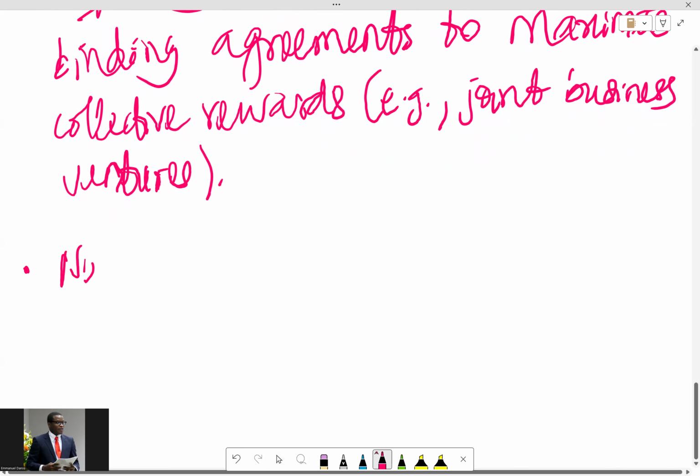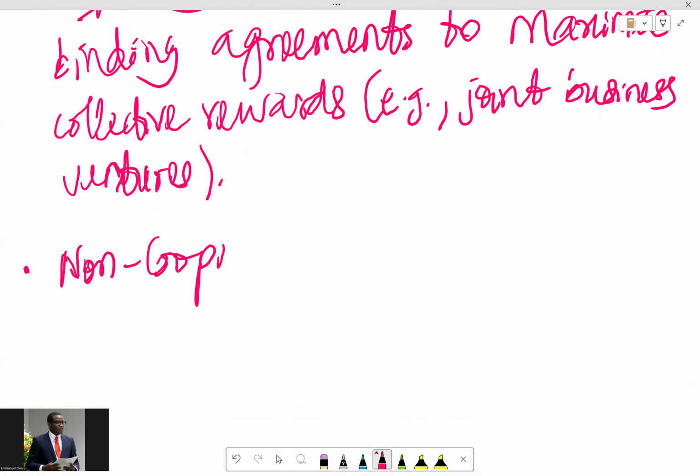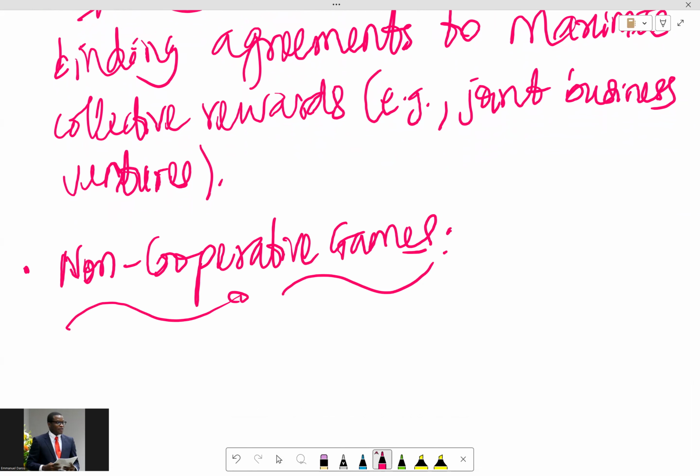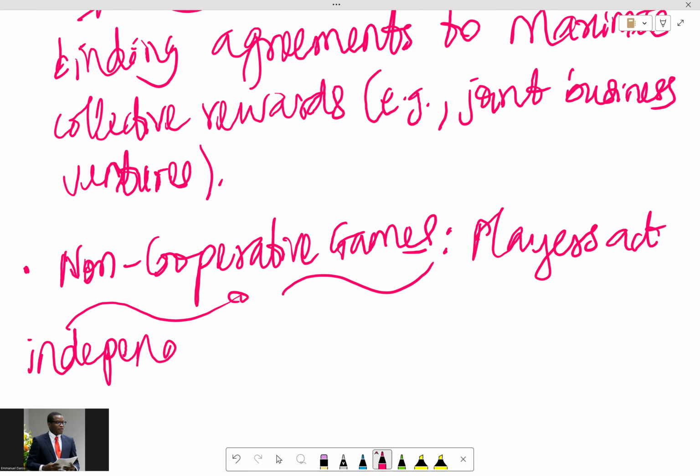Then we also have non-cooperative games on the other hand, which is just the opposite of that. Players act independently to maximize individual payoffs.